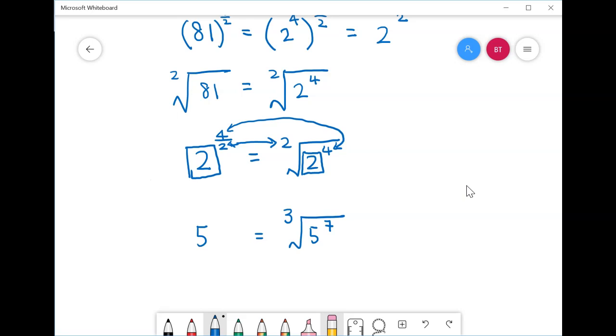The third root will be in the denominator of the power, and this power 7 is going to go into the numerator. So this becomes a very simple way for us to convert nth root or any root of a number into a fractional power.